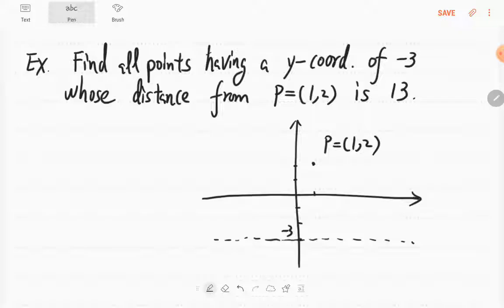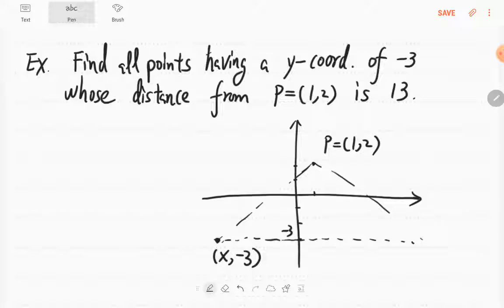So we may have this one, we may have this one, right? So any point on this dashed line can be written as (x, -3), right? So we want to find these x values.